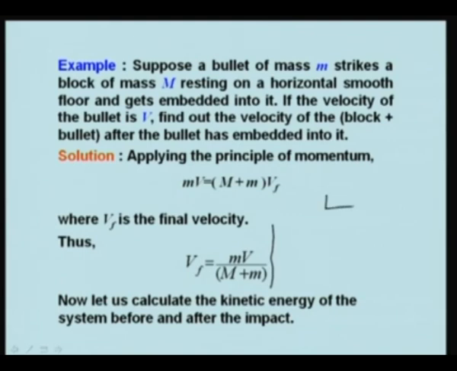So, if the block is resting on a smooth floor and a bullet of mass m moving with velocity capital V has embedded in it, then the final velocity of the block will be m capital V divided by m plus m. If the block is kept on a rough floor instead of the smooth floor, then what happens?